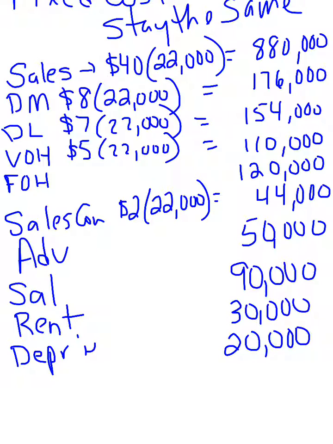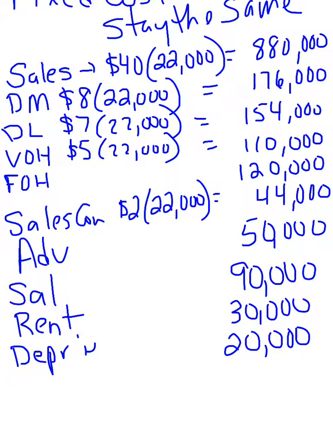When we get down to the next section, the selling expenses, for the sales commissions we have to figure out the per unit rate.